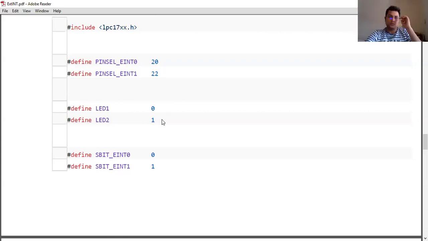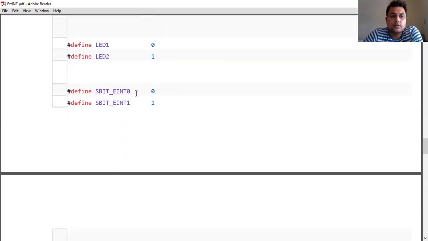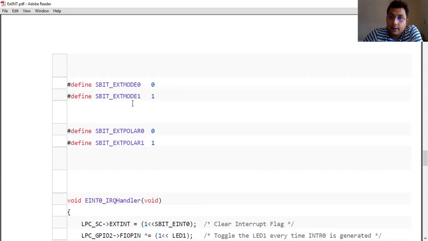These are two LEDs which will keep on toggling. So we'll toggle those two pins. Pin 2.0 is connected to LED 0, pin 2.1 is connected to LED 2, and then these are some more macros for external interrupt 0 and external interrupt 1. For defining or configuring the external mode, these are the macros.